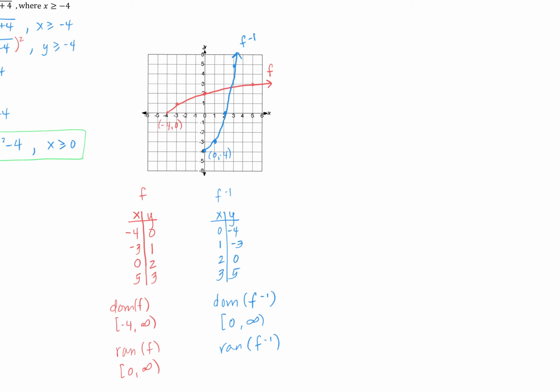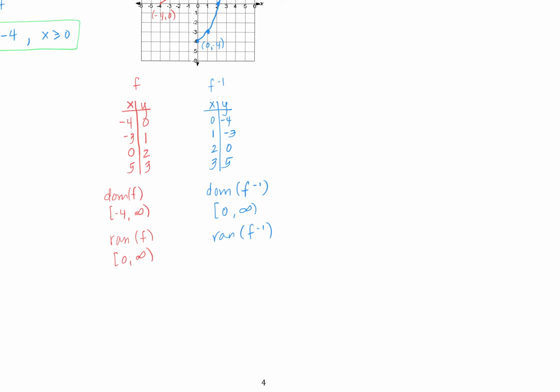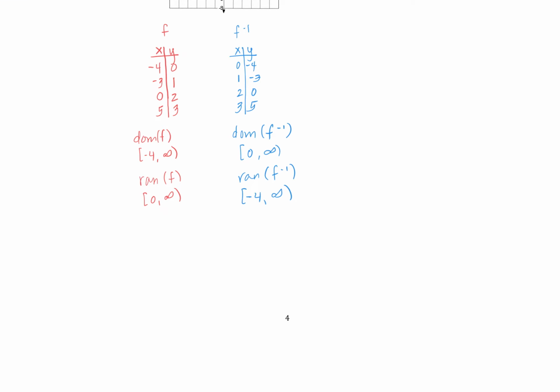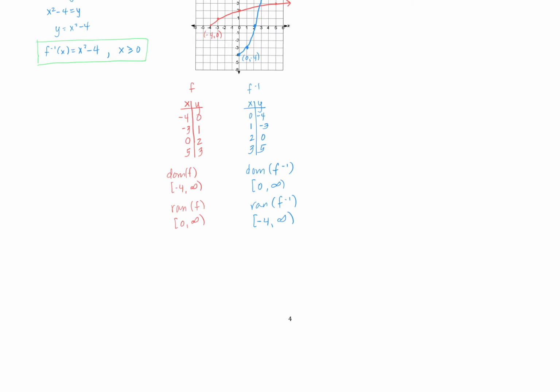The smallest y value is -4, and then they go up to positive infinity. So looking at the domain and range side by side, for my function f, domain -4 to infinity, range 0 to infinity. Switch those, and now the range of f becomes the domain of its inverse, and the domain of f becomes the range of its inverse. Okay, so that's it for this section.